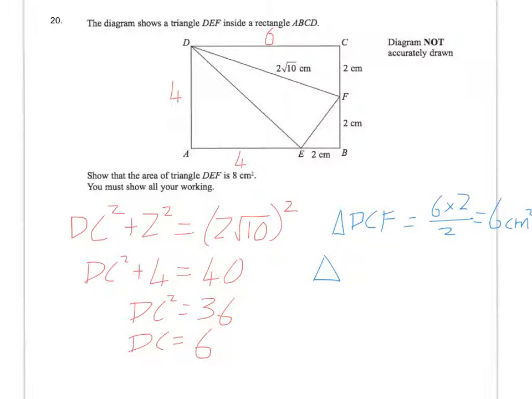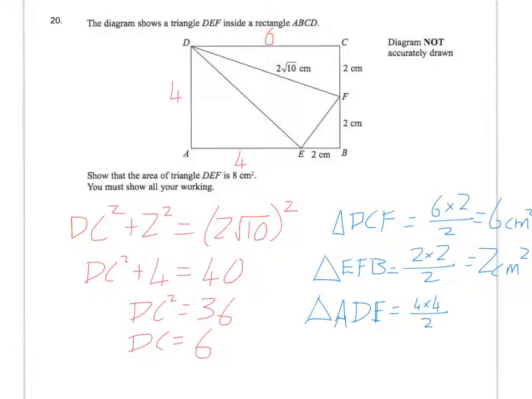Triangle EFB, that bottom right, is 2 times 2 over 2, which is 2, so that's fine to say. On the left here, triangle ADE is 4 times 4 over 2, 16 over 2 is 8 centimetres squared. So now I've worked out the area of all 3 of those.